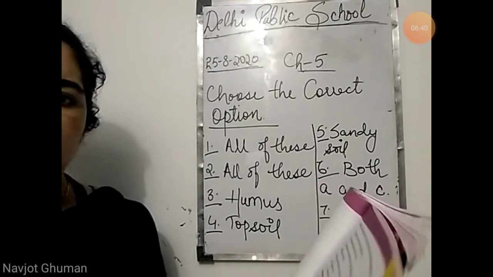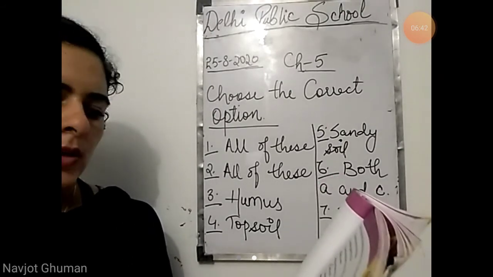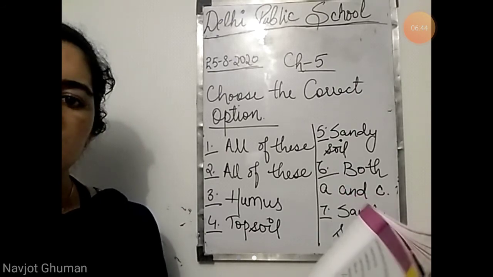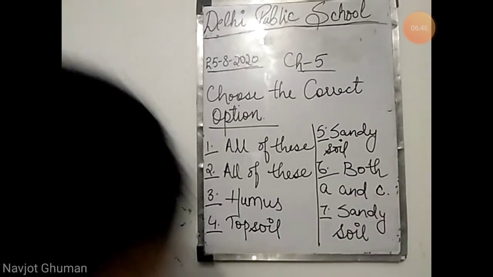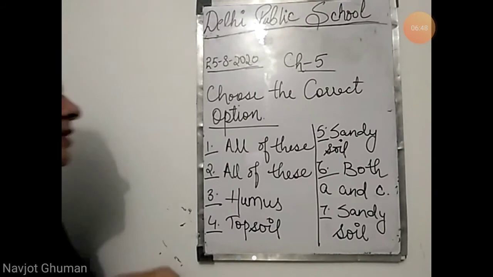Next is write T for the true and F for the false statements. So let's do true and false.